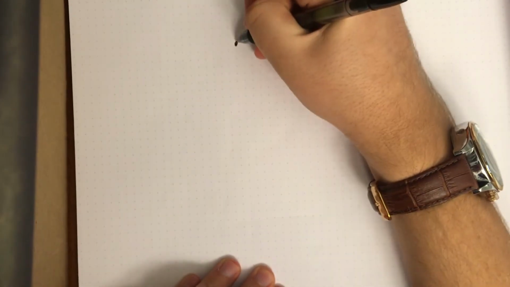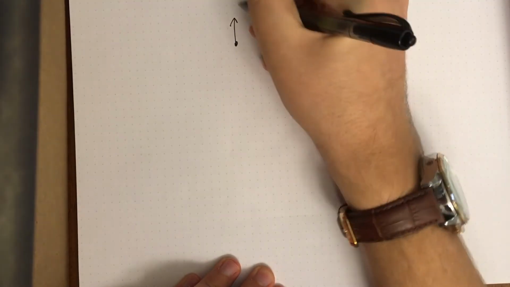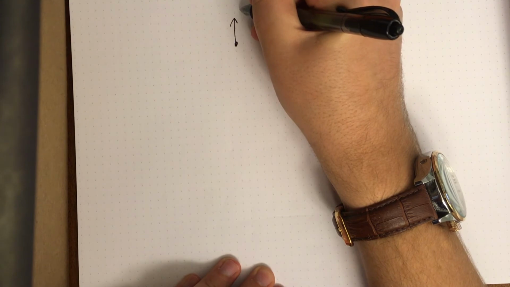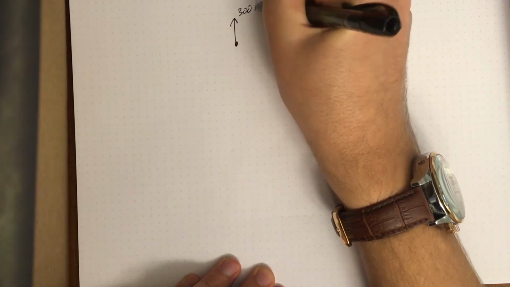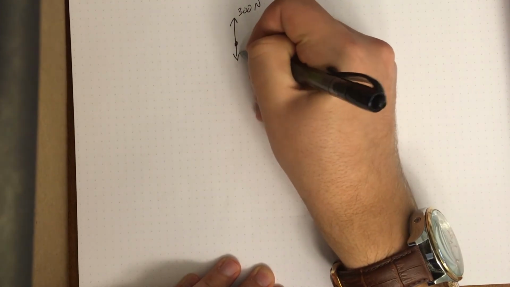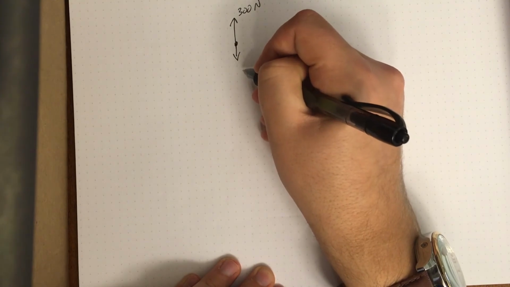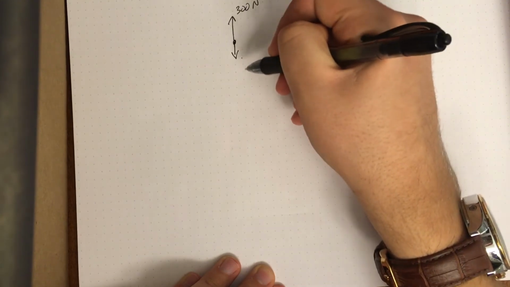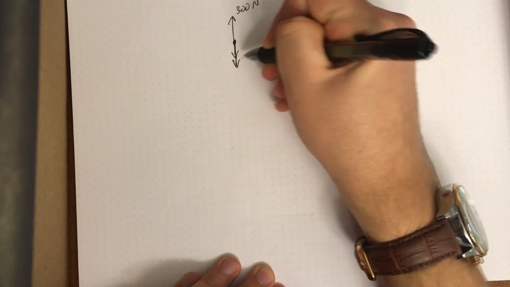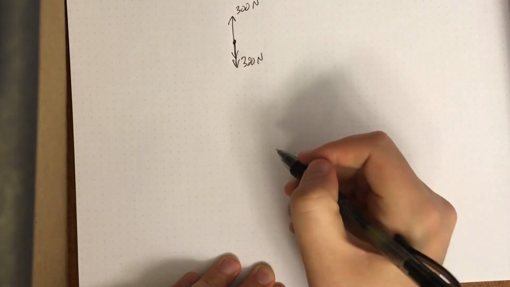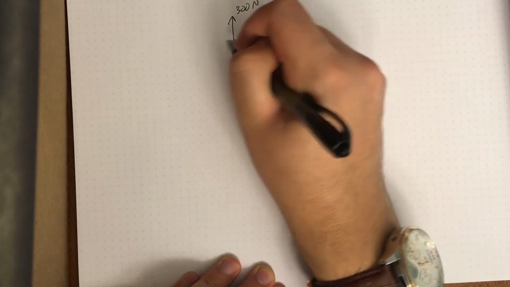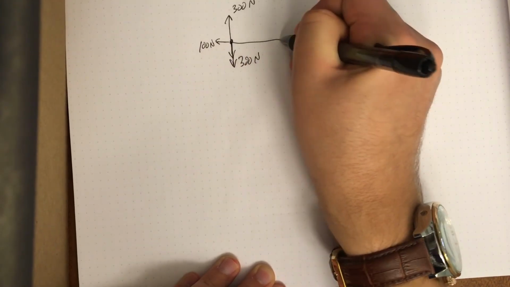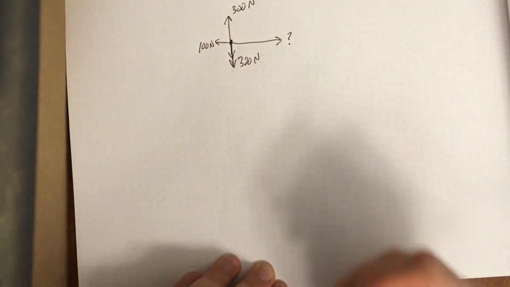I'm just going to say that it's got a force this way of 300 newtons, a force this way of 300 newtons, and 100 newtons of friction, and we're going to say, what's this force?